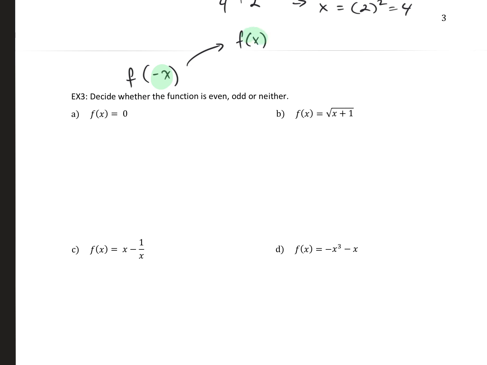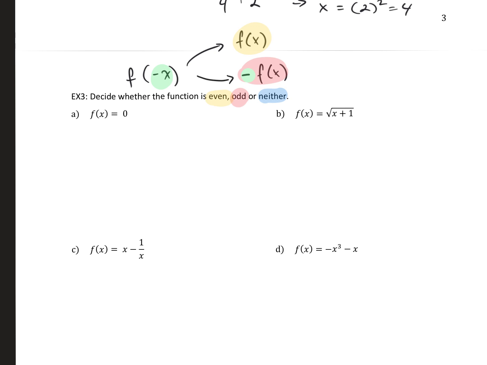Let me go ahead and highlight that. Oops, wrong color. That would be an even function. So if I plug in that negative x and I end up getting back the opposite of my original function, that would then be an odd function. If neither of these instances happen, so it's not the exact same function and it's not the exact opposite function, then we just say it is neither even nor odd.